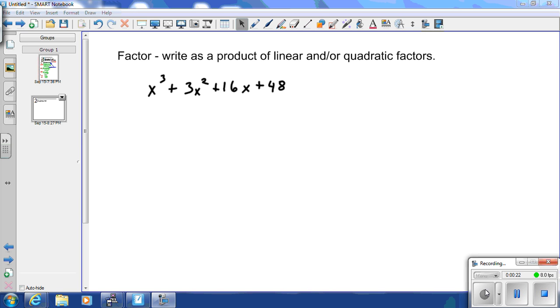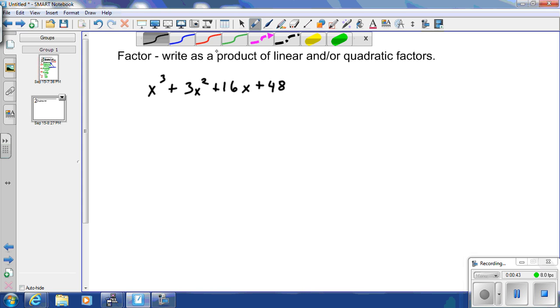A couple things to note before you do start that, though, is that it's a third powered polynomial. So we know, what does that mean? That means that it has exactly 3 zeros. Now also, because it's third power, we know that if we were to graph this thing, it is going to behave generally the same way as the regular x cubed graph does.